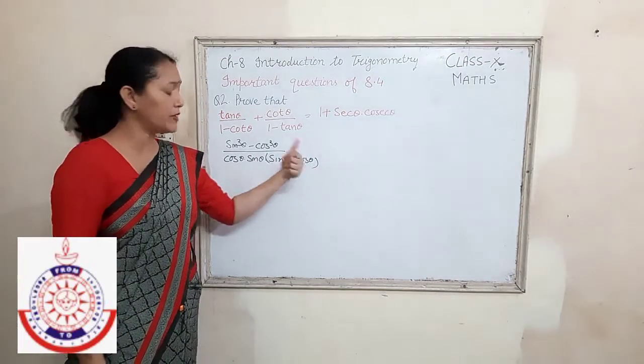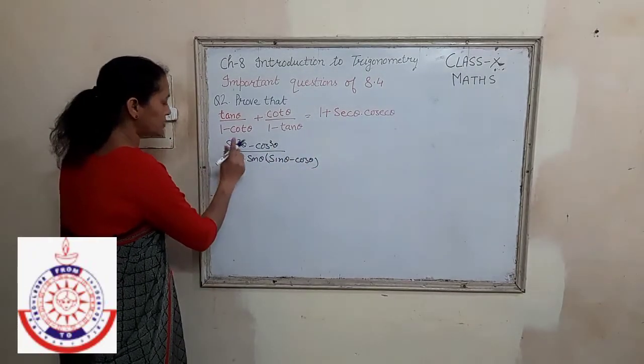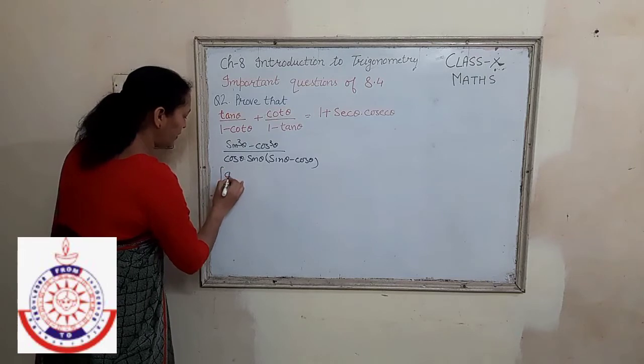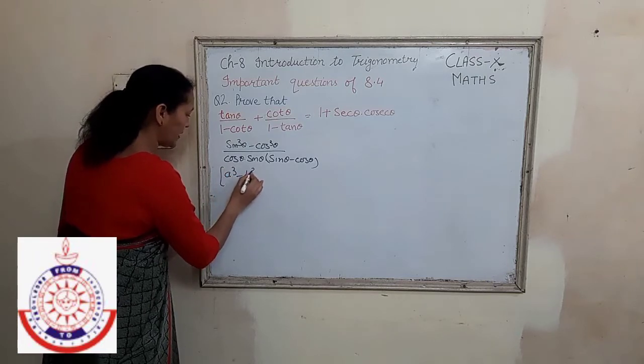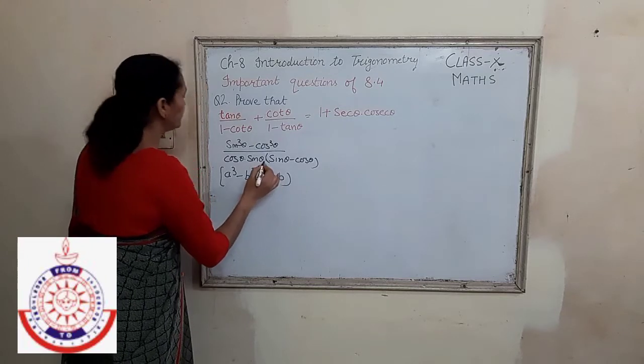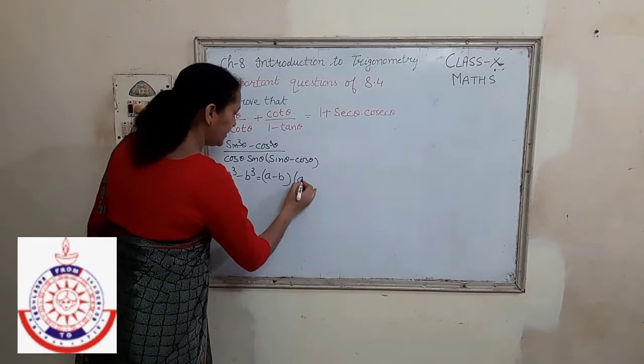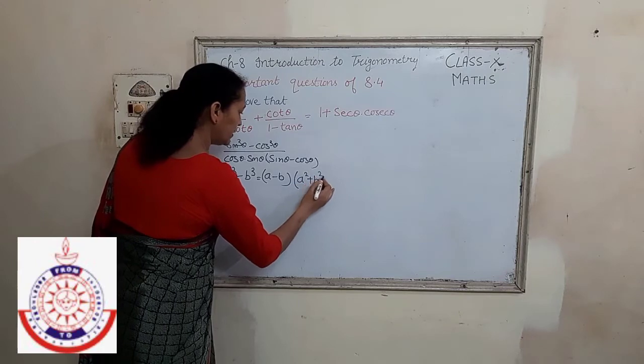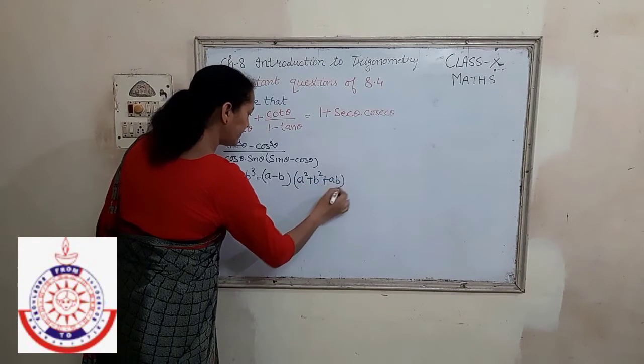minus cos theta. Now here, look at these terms. If we use this formula, a cube minus b cube, we have a minus b, then a square plus b square plus ab.